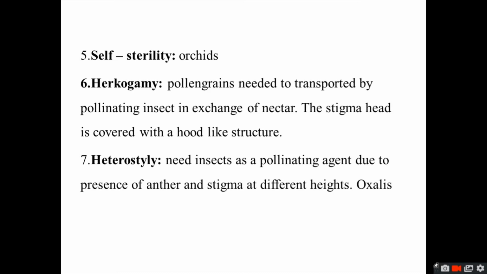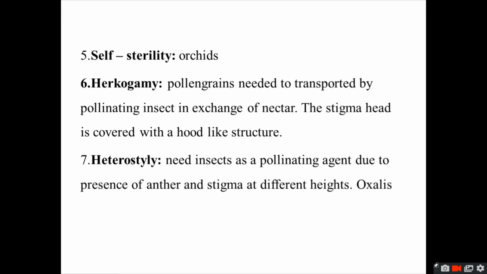Now the next type is heterostyly, and in the case of heterostyly they need pollinating agents. Despite being present on the same plant, the flower containing anthers is at too high a height and the flower containing stigma is at too low a height, so the two at different heights cannot self pollinate.